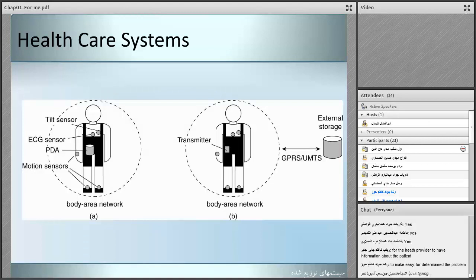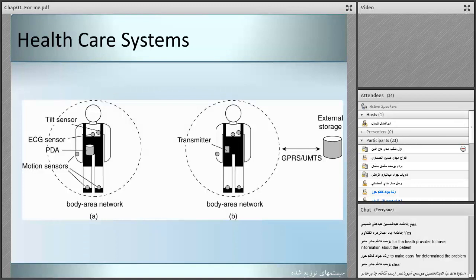The main goal is to prevent the patient from having to stay in the hospital. By using such a system, the patient can go home, can do his work, his jobs, and can have a routine day.